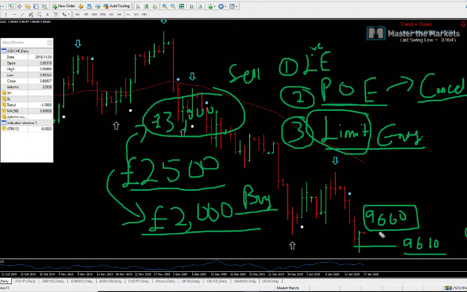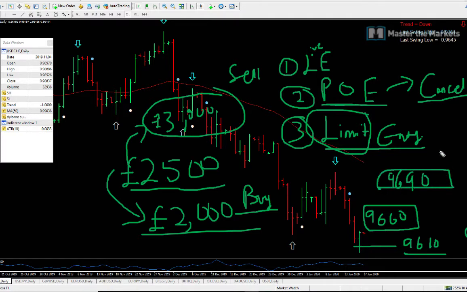If you understand that concept, a sell limit over here would be higher than 96.48. A buy limit would be something lower, and a sell limit would be something higher. So anything like 96.90 would be a sell limit for you.